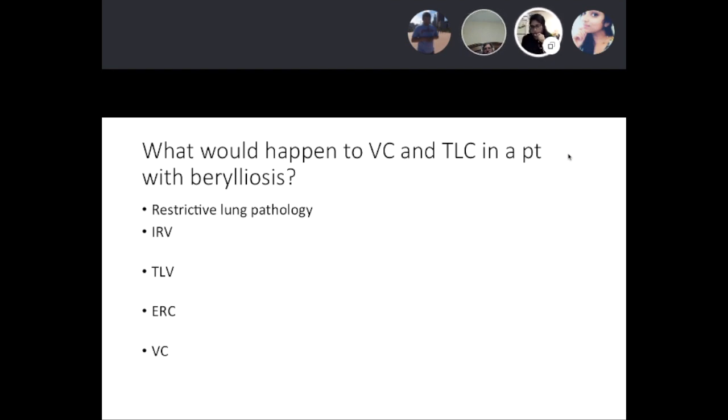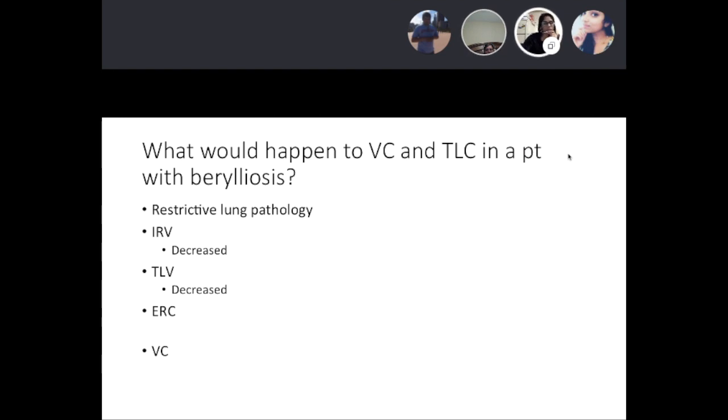Exactly, restrictive. So it is a restrictive lung pathology. And so what would happen to the inspiratory reserve volume? Decrease. And the total lung capacity, or volume? That would decrease as well.